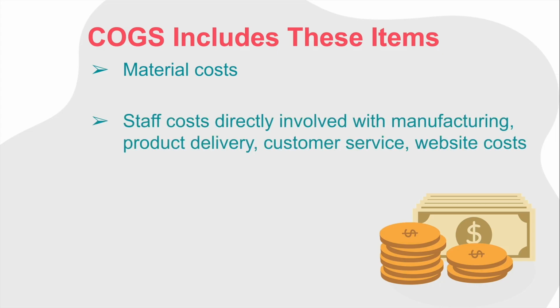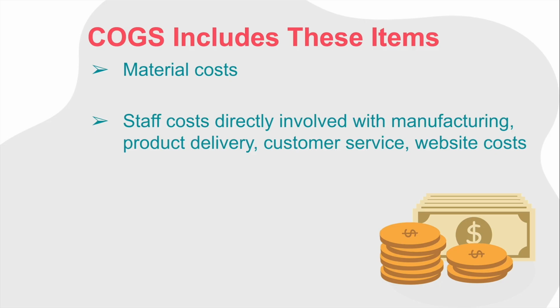Also, there are some staff costs, but we don't count all the staff salaries. We only count staff salaries involved in manufacturing, product delivery, customer service, and website costs, only the costs that directly have to do with manufacturing and delivering the product.